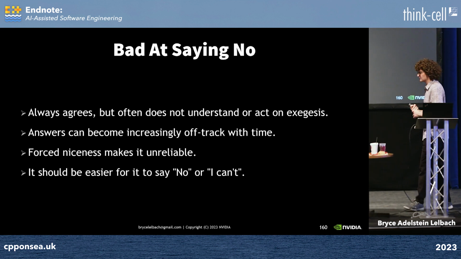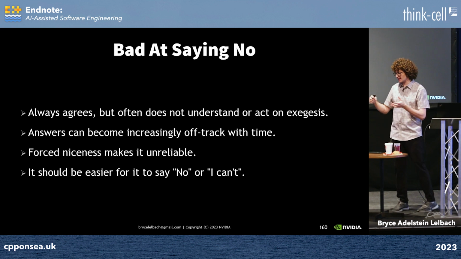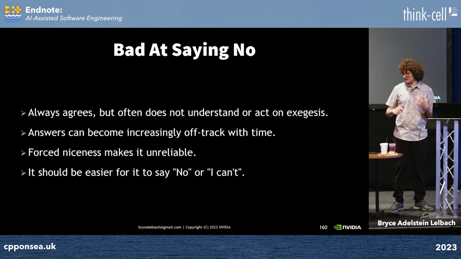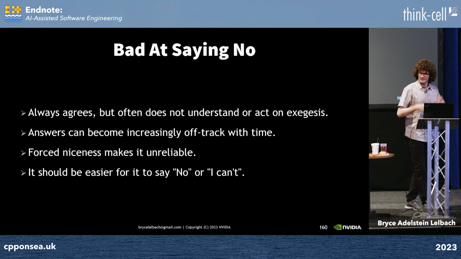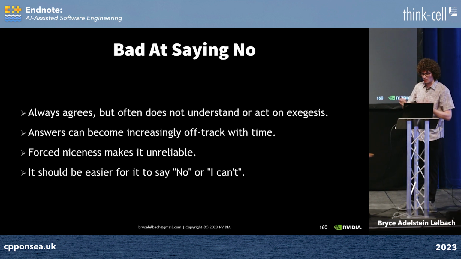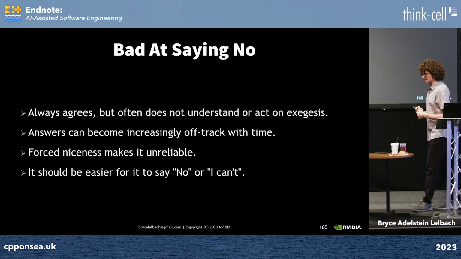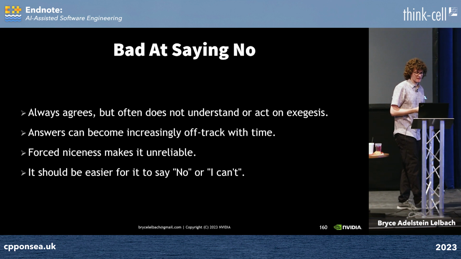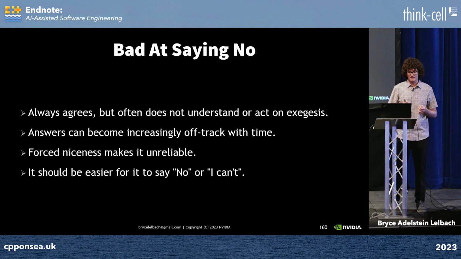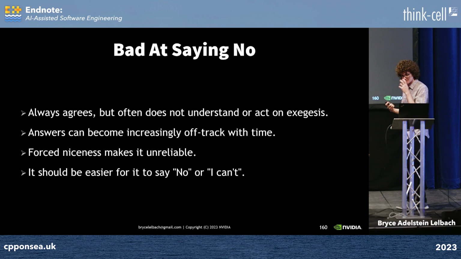When I tried to get it to remove the special case for that last element, I tried 9 different options, I regenerated its response 3 different times, and I talked with it a little bit, and it just seemed like it was getting more and more off track. The forced niceness can make it unreliable. It should be easier for the model to say no or I can't. It wants to agree with you, and sometimes that's actually a problem.